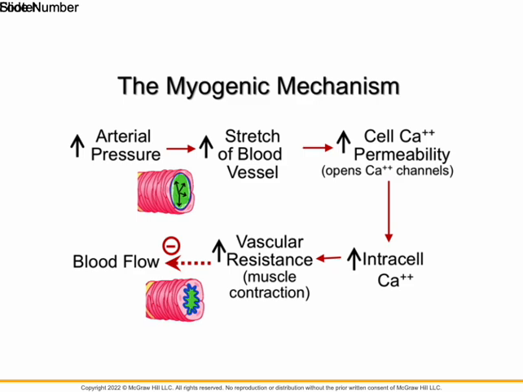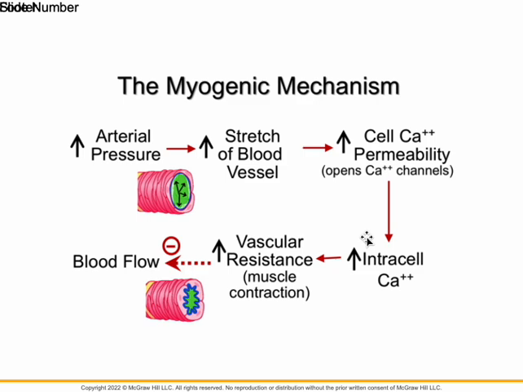And so that's what you see in this top image here, right? So increased pressure, increased stretch. There are channels on the smooth muscle cells that as the blood vessel stretches, it actually opens up these mechanically gated ion channels to allow calcium to rush in. Calcium binds to, and remember this is smooth muscle, so calcium binds to calmodulin.